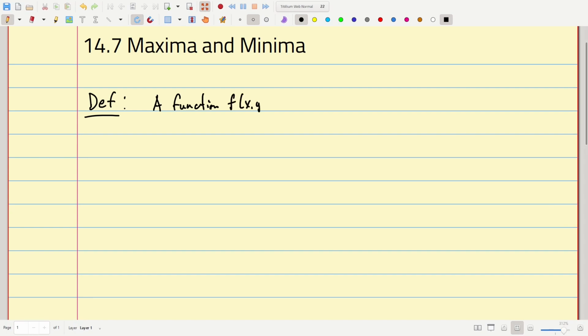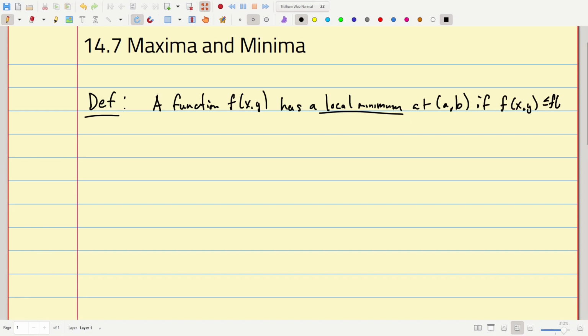If we have a function f of x, y, it has a local minimum at the point (a, b) if f of x, y is less than or equal to f of (a, b) for all points in a neighborhood of (a, b).